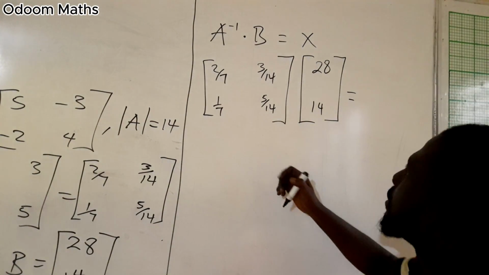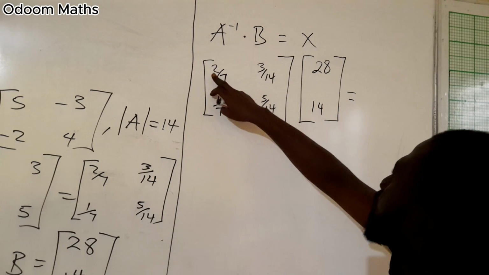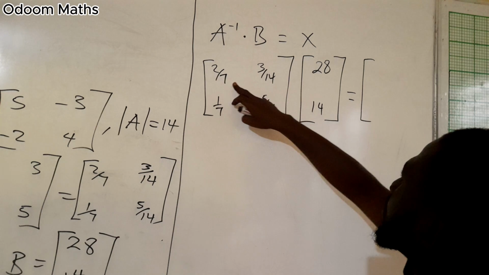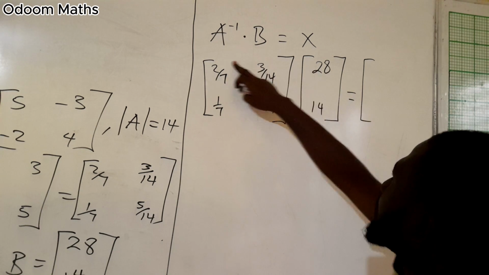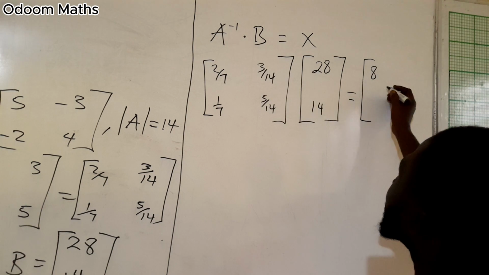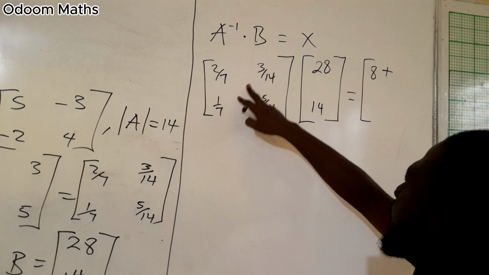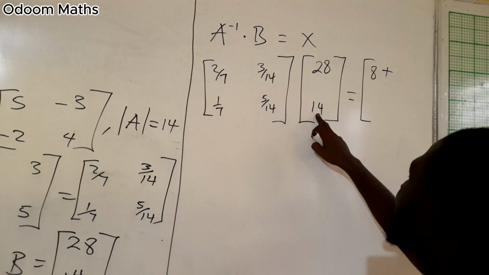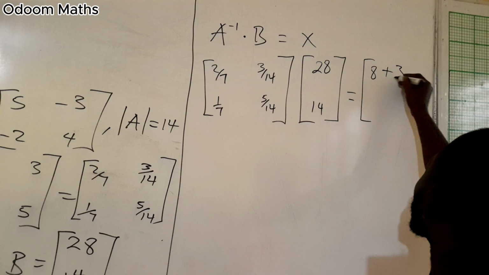So let's see. Now 2 over 7 times 28: 7 into 28 is 4, times 2 becomes 8, then plus 3 over 14 times 14, so 14 into 14 is 1, times 3 is 3.